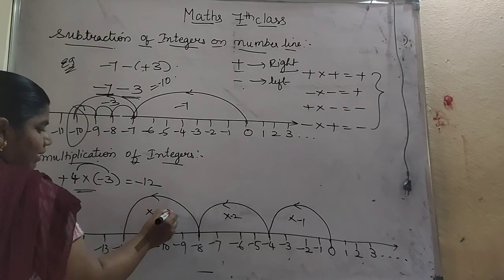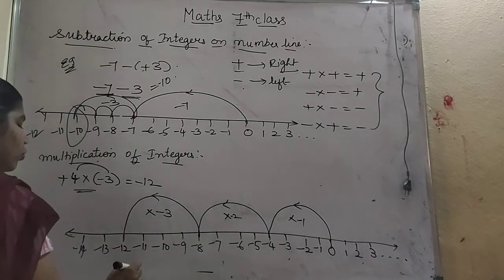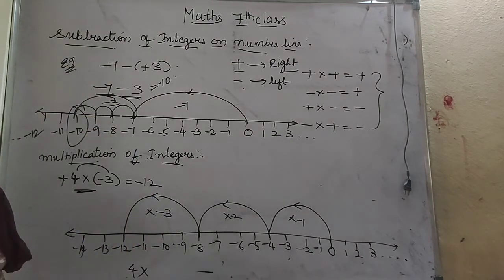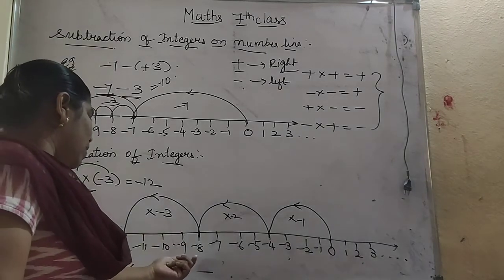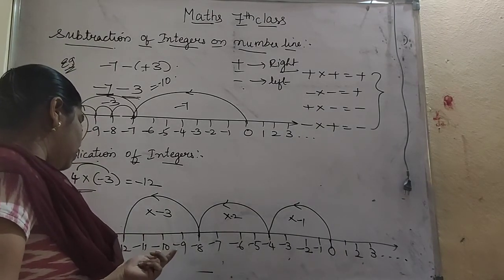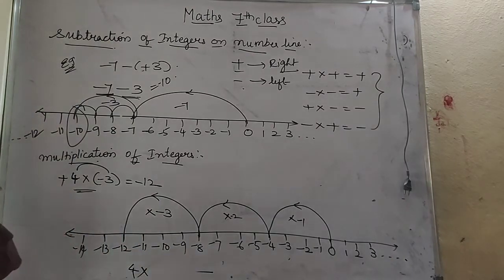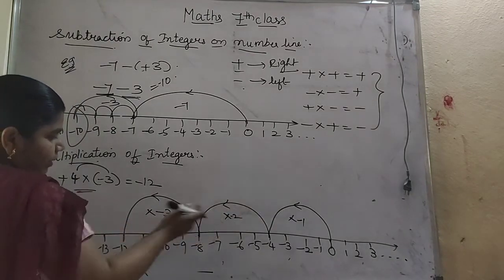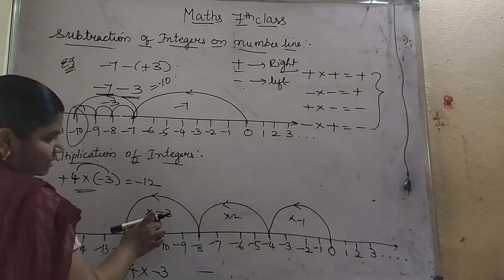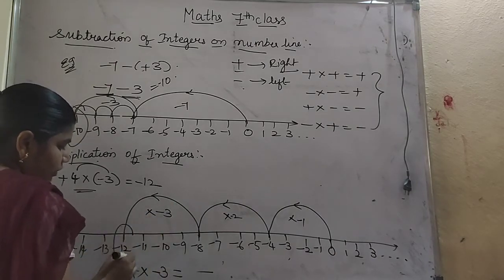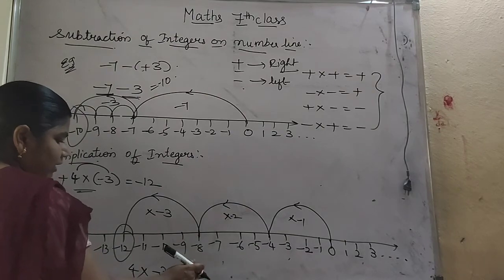This is into minus 3. That means 4, how many times are we moving? We are moving 4 times, 1, 2, 3, 4. 4 times we are moving. So 4 into minus 3 times we have moved. What is our result? Minus 12 is our result.